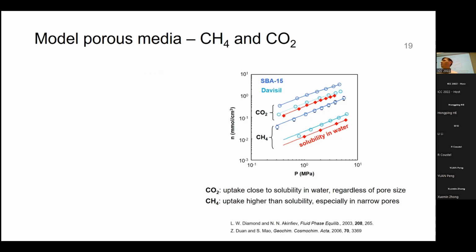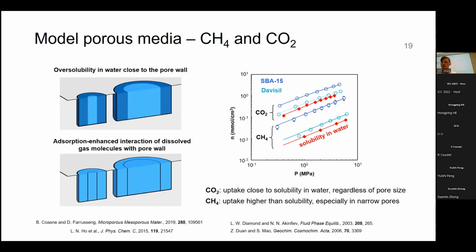So this phenomenon is not new; it has been observed over the past decade, and it was called oversolubility. Actually, there are two possible mechanisms of this phenomenon. According to the first mechanism, water in close proximity to the surface is structured, and so it better dissolves gases. And according to the second theory, water is exactly the same in the pore body, but molecules in close proximity to the surface interact with the surface, which promotes the dissolution.